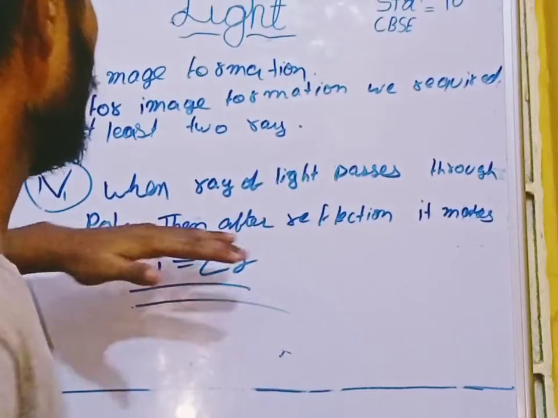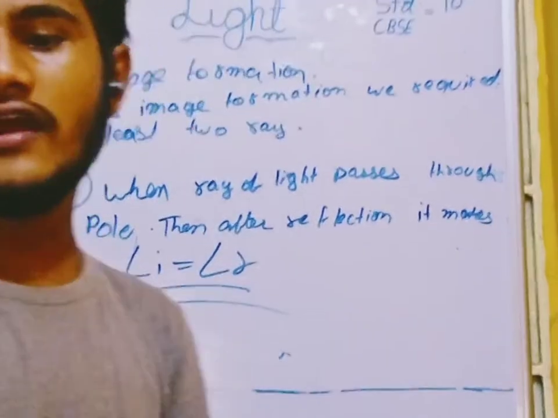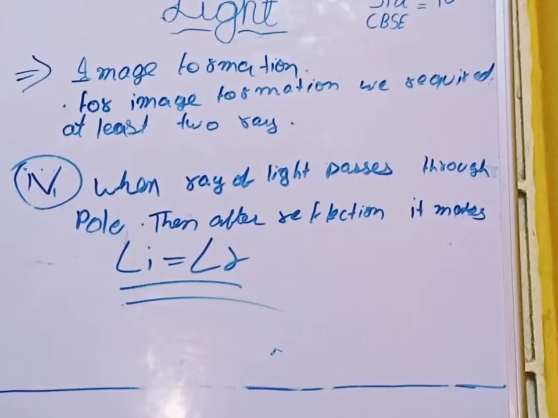Whenever a ray of light passes through the pole, after reflection it forms angle I equal to angle R.